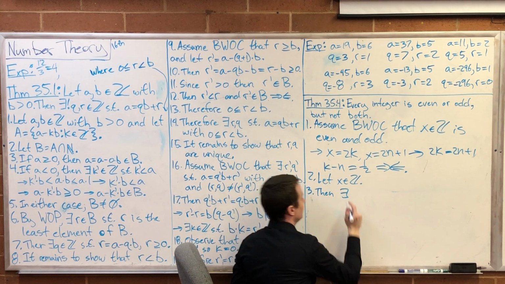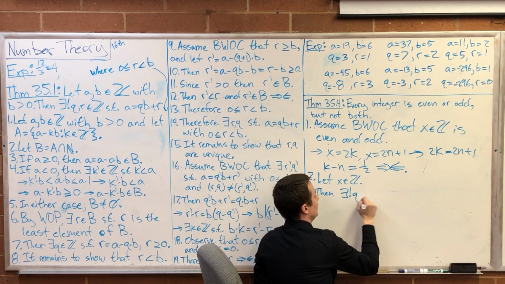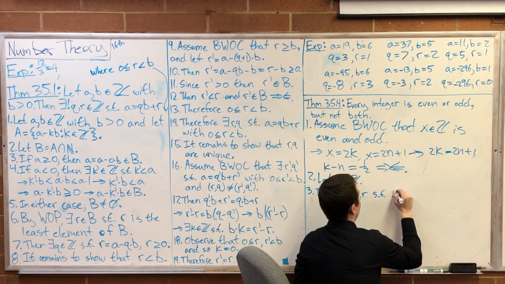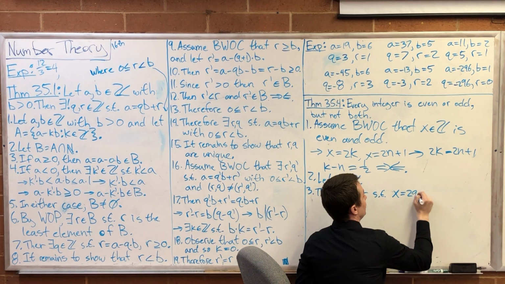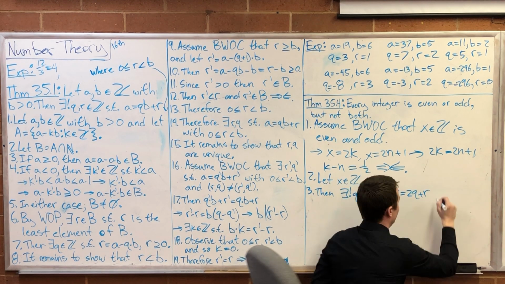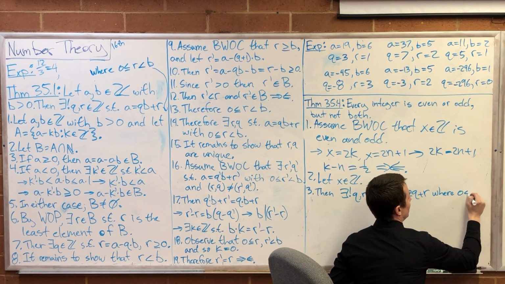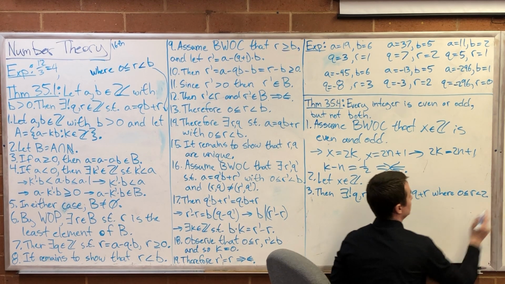Then there exist unique q, r such that x is equal to 2q plus r, where 0 is less than or equal to r, which is less than 2.